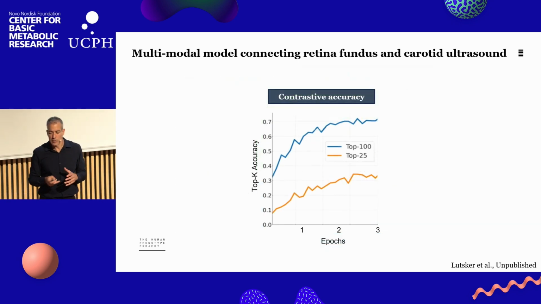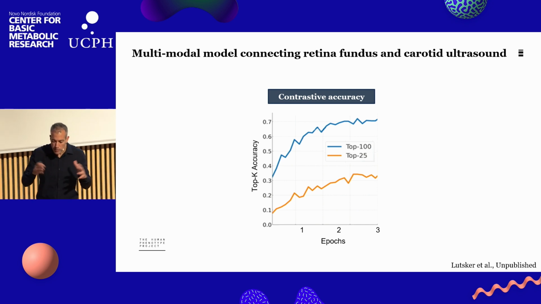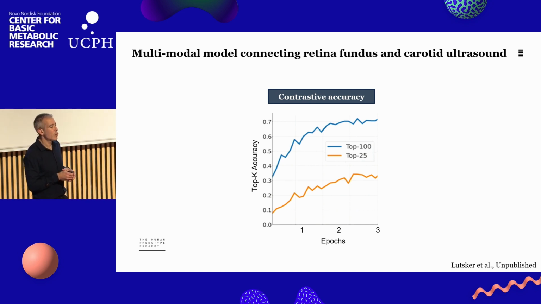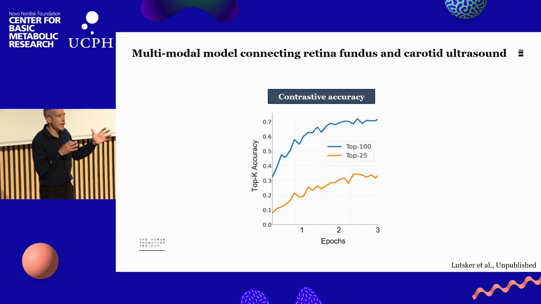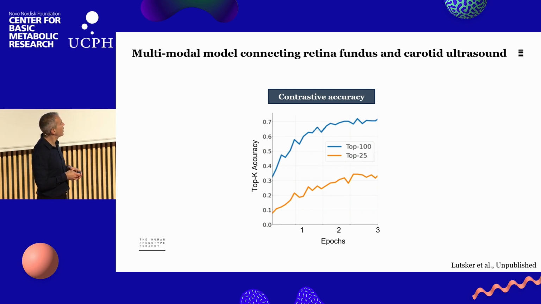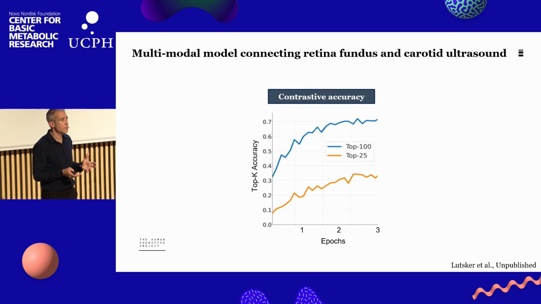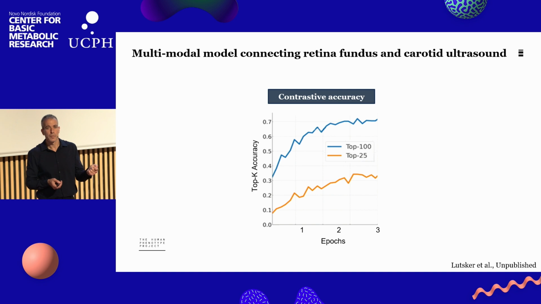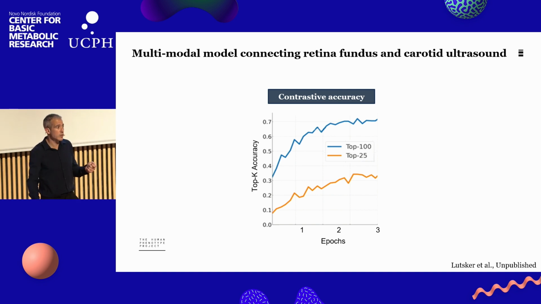And when we do that, similar to the magic that happens with these models in DALL-E with text and images, we find that we can do tasks that medical doctors or humans probably can't do, which is to take just the retina scan of a person and have it rank all the carotid ultrasounds, all the 10,000 images that we have.